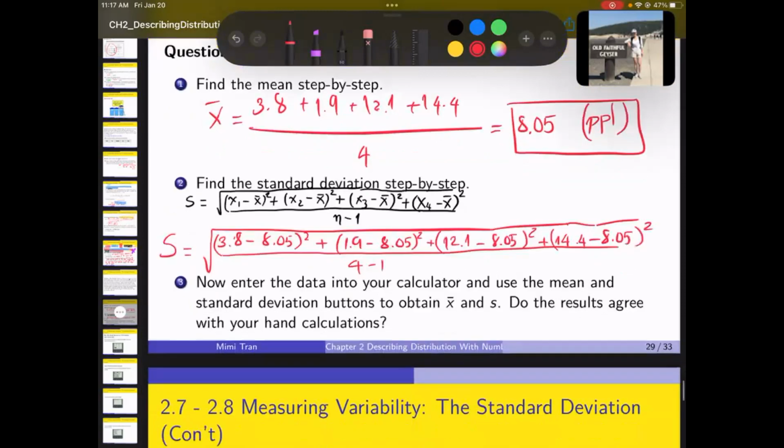Let me tell you the happy ending. You can put it in your calculator, but I'll tell you the result: 6.1267.